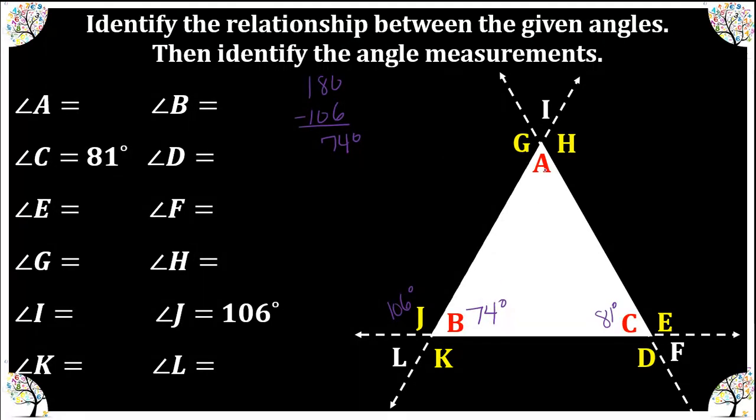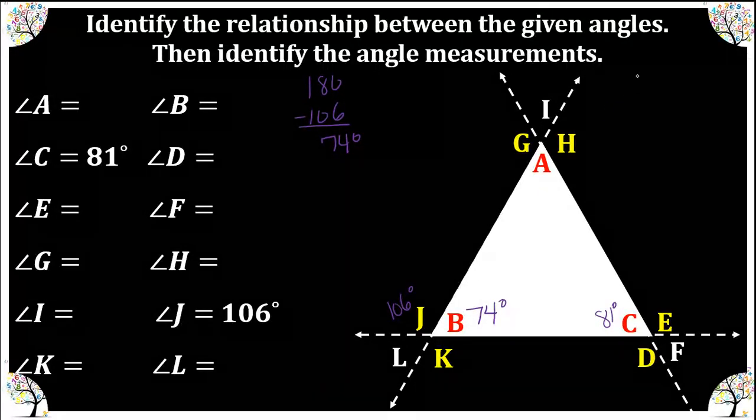I can get angle A because B and C plus A equals 180. So I have 81 and 74 is 155, and then subtract that from the total of a triangle, and we're going to get 25 degrees.